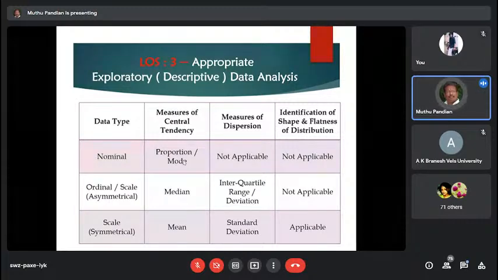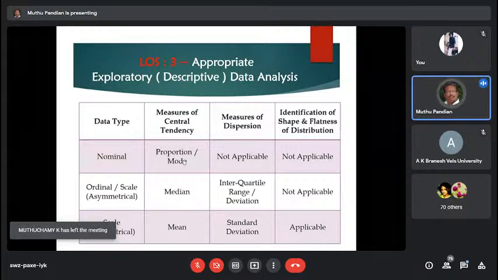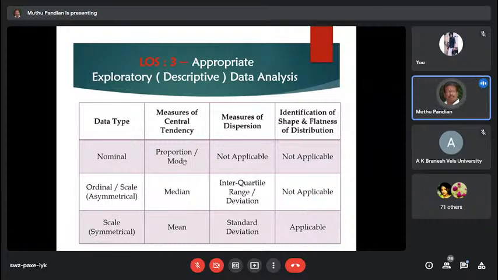In this way you are collecting, we call this an open-ended question. If you collect the data in this manner, you will get the exact age of the respondent. That data is called scale data.